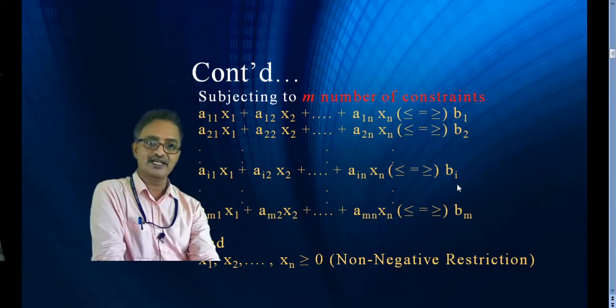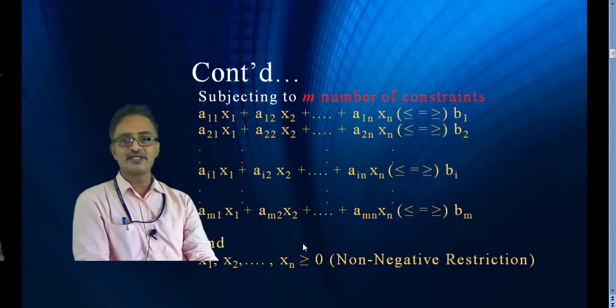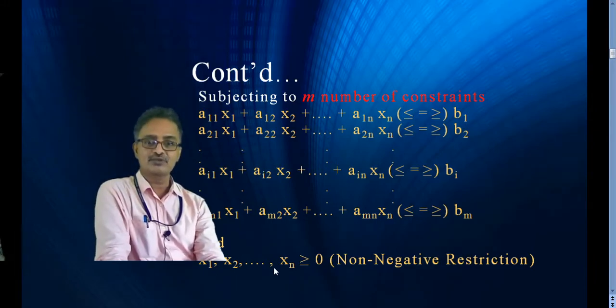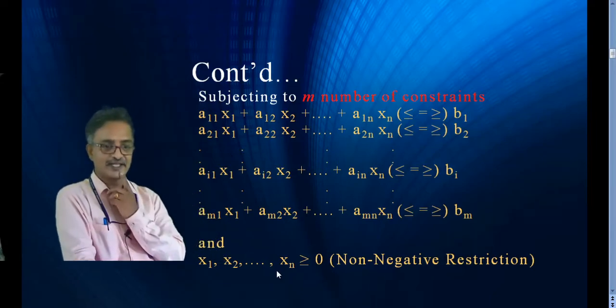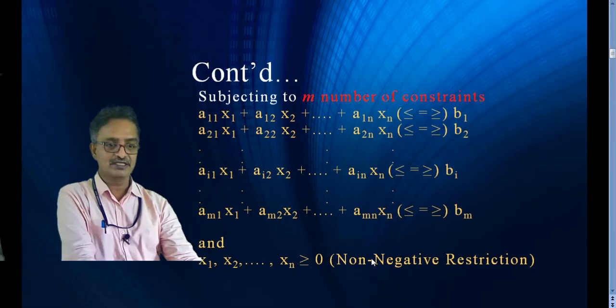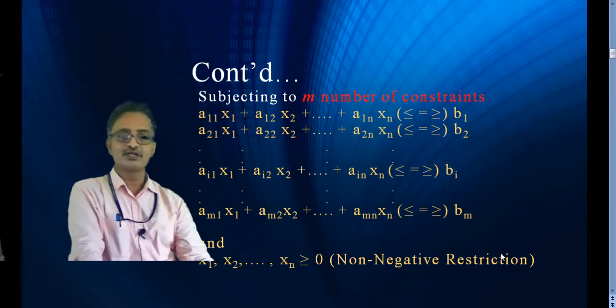The right hand side indicates the resource capacity, which relates to the various decisions that we take for consuming this resource. All these constraints, i equal to 1 to m, apply, and the decisions will be taken for x1 to xn, which are all positive or otherwise greater than or equal to 0. That is why this particular constraint is called the non-negativity restriction.